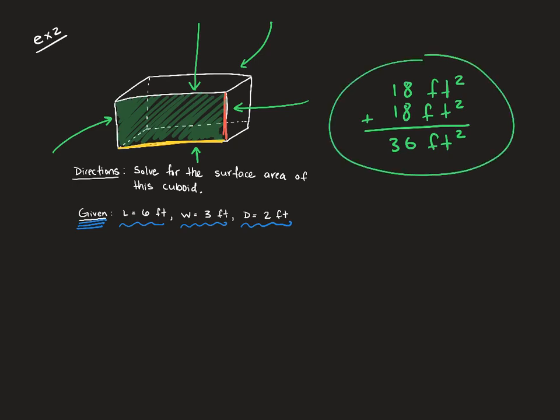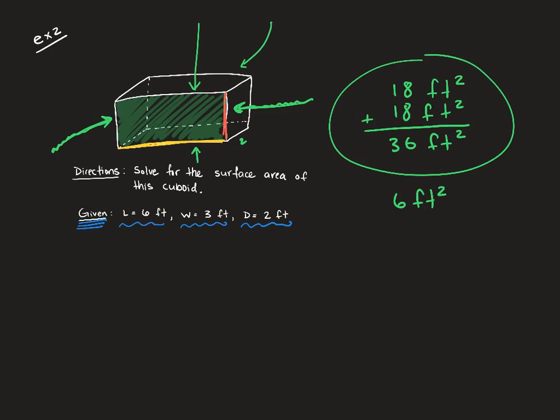Okay, guys, let's do the side faces. The one that was here and the one that was here. So let's see. The width of this shape is 3, and the depth is 2. So 3 times 2 is 6. So it's going to be 6 feet squared because we're getting the area.